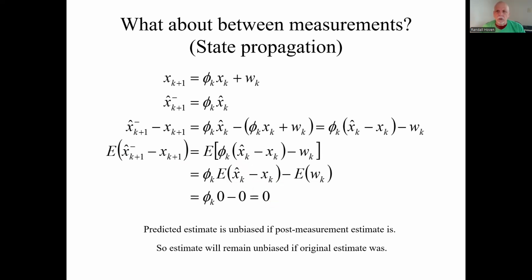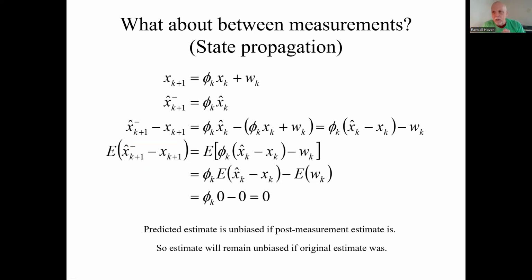And this was the error we had before, which was what happens after you process a measurement. It said it was unbiased if this guy was unbiased. And now we can say this guy's unbiased if this guy's unbiased. So we stay unbiased.